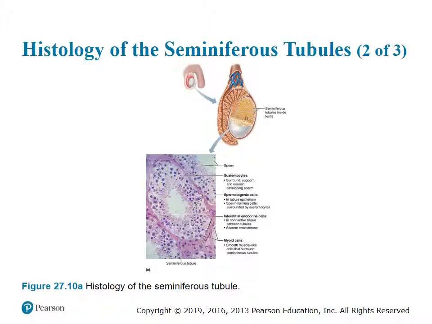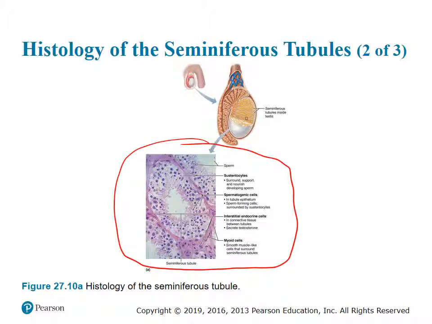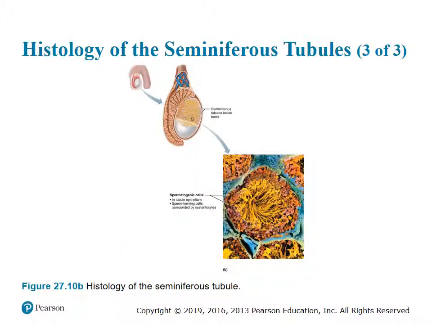Okay, so we look at this picture here, and this one's a really interesting one because this is actually where you see where each of those cells lie. Hopefully you got to see this last week in lab, but it's really important to look at this because it shows you these little sections of the seminiferous tubule.